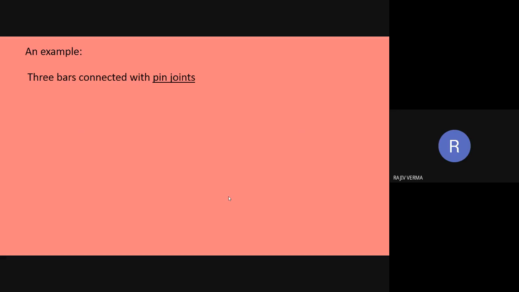So the example is, we are going to take a combination of three bars which have been connected together with pin joints. This happens to be the global frame, that is the positive x and the y axis, and these are the three bars. All the ends of the bars are constrained with respect to the pin joints, and these are the three elements.